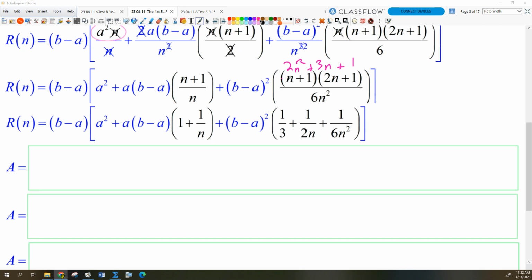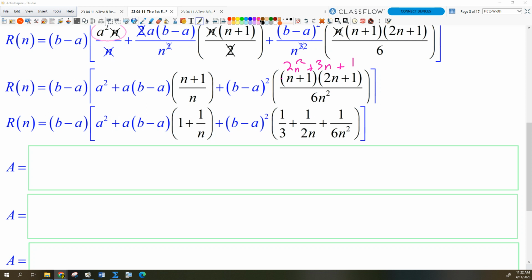Well, if I split those terms up, 2n squared over 6n squared, the n squareds cancel and I get 1/3, right? 3n over 6n squared, 3 over 6 gives me a 2 on the bottom, with one n left over stuck on the bottom, right? And then the last one, 1 over 6n squared.